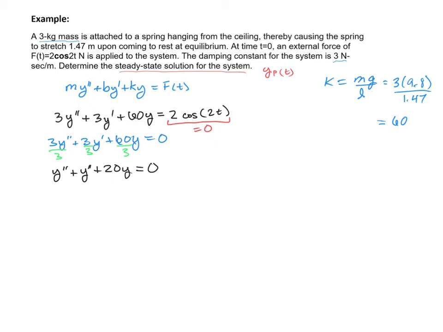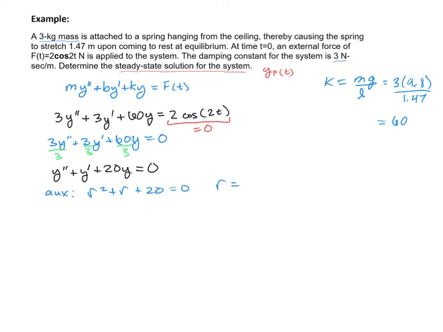And so to solve this, we need to look at either the quadratic formula or completing the square. So the auxiliary equation is r squared plus r plus 20 is equal to 0.